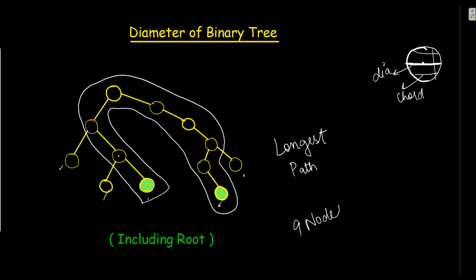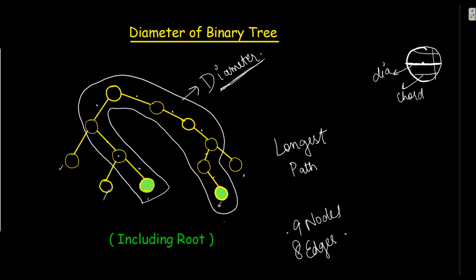And if we consider the edges connecting two nodes, 1, 2, 3, 4, 5, 6, 7, 8, that is 8 edges. And this longest path is said to be the diameter. In this question we will discuss the diameter of a binary tree.